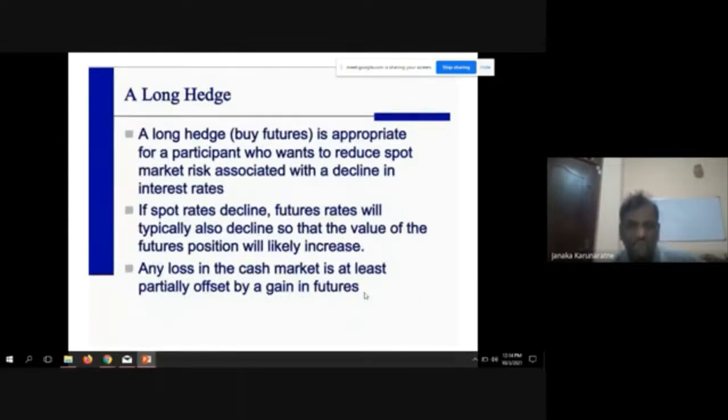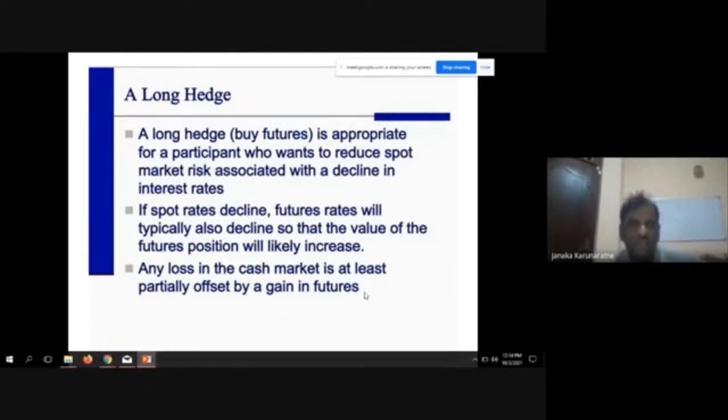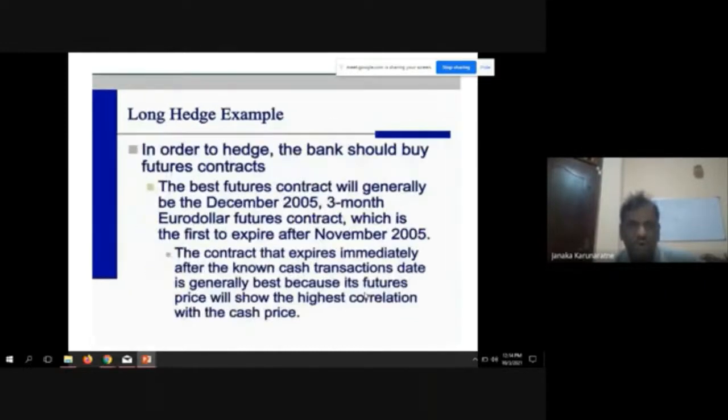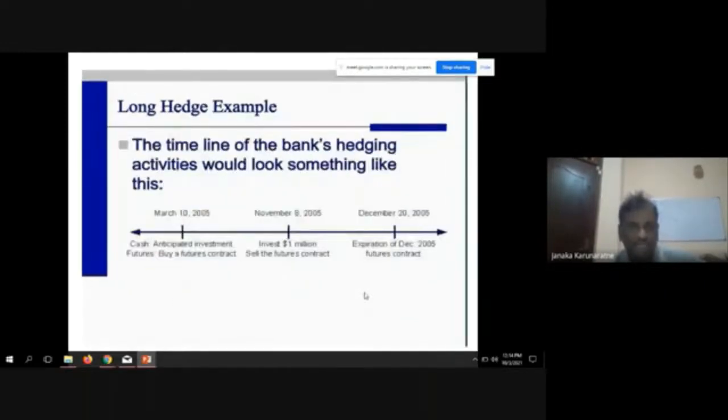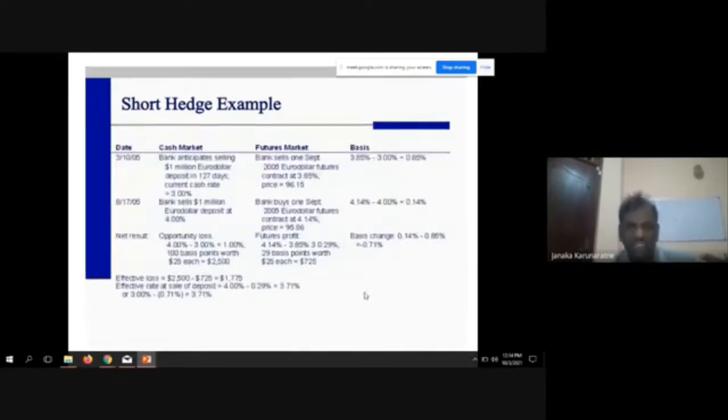So I will explain an example, then you will realize. But before that, we will cover some theoretical parts before we move on to this example. Long hedge and short hedge, how it takes place.